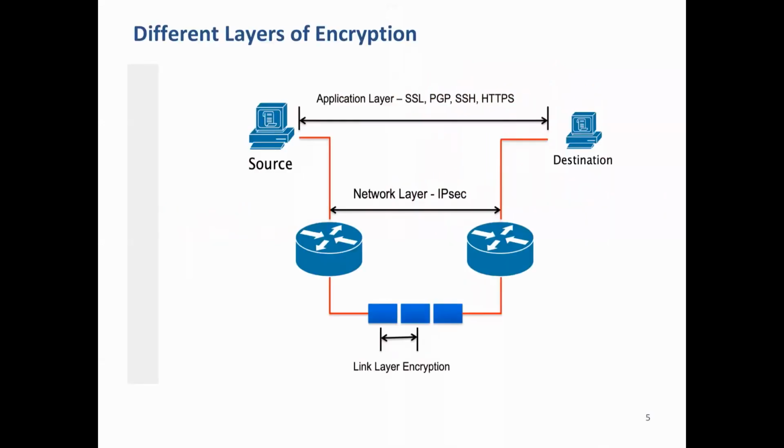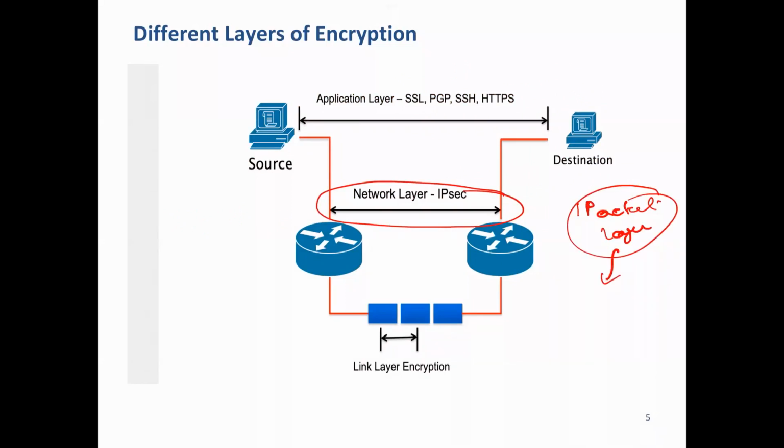Whatever techniques we are going to apply, we can apply them at the network layer, meaning the IP protocol layer, the IP packet layer. It means we need to somehow modify the packet format, or even without modifying the packet format, do something.